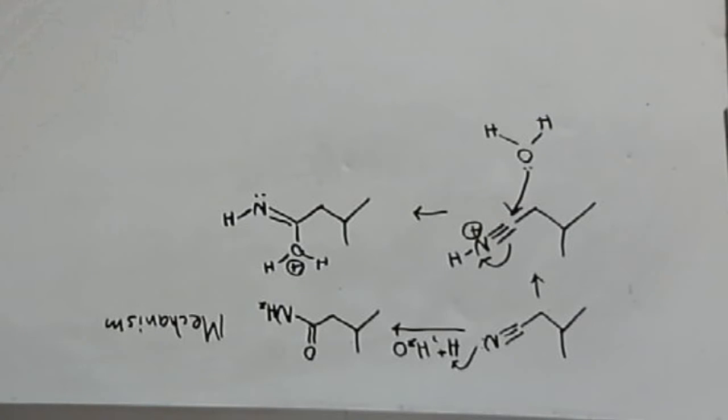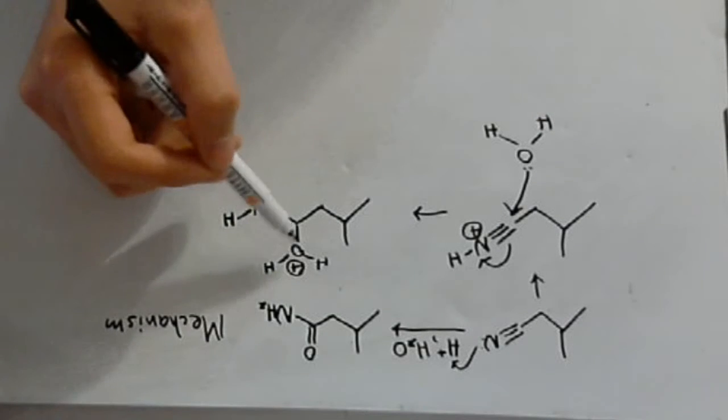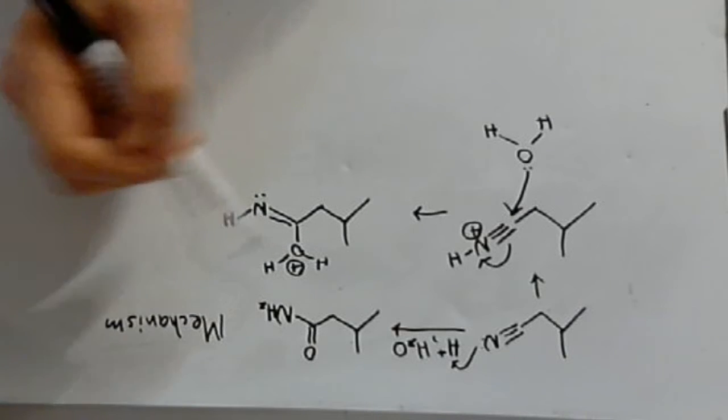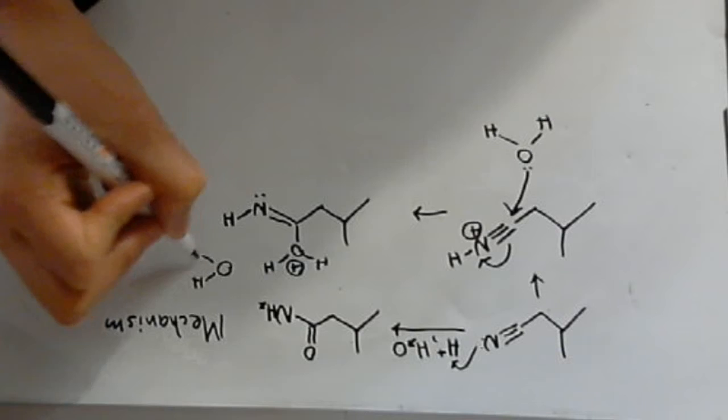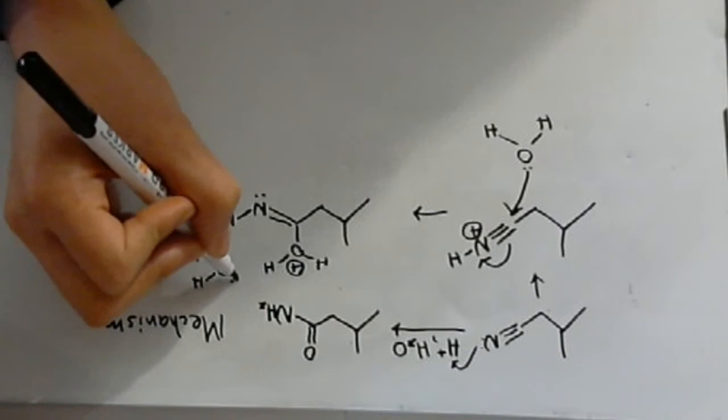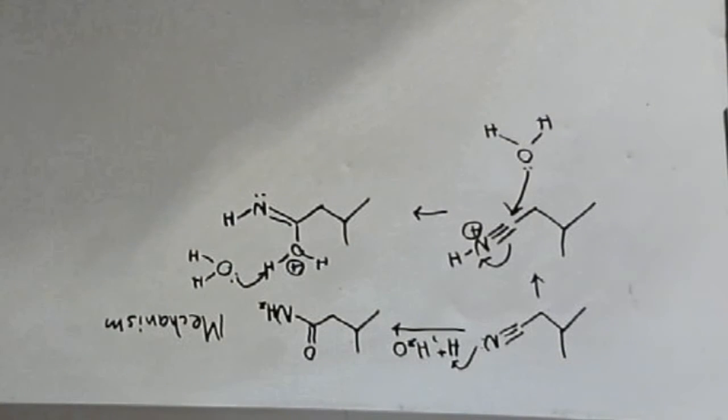Okay. So what's going to happen next? Well, you have a positive charge on this oxygen atom. It's going to get deprotonated. What's the most basic thing we have? Probably another water. So water's going to come along. It's going to take away that proton.